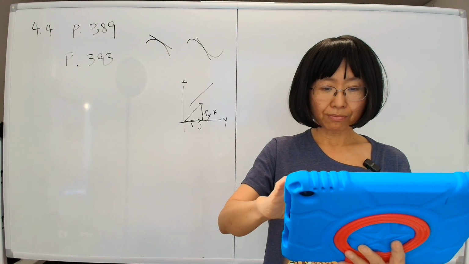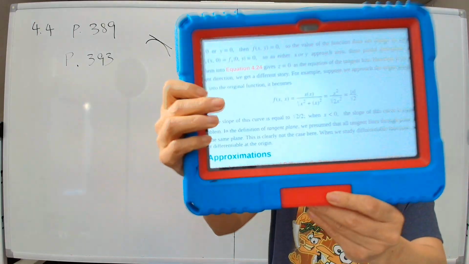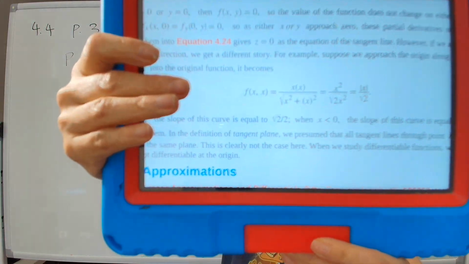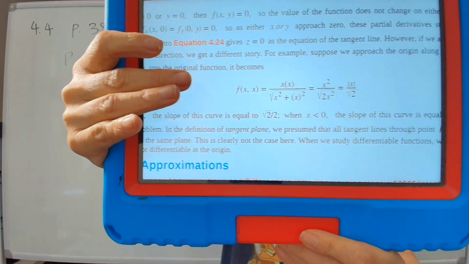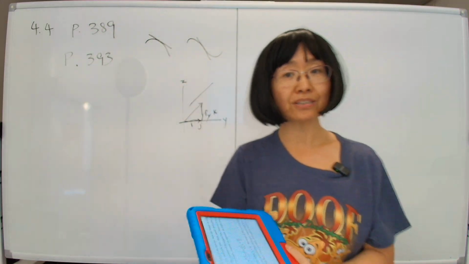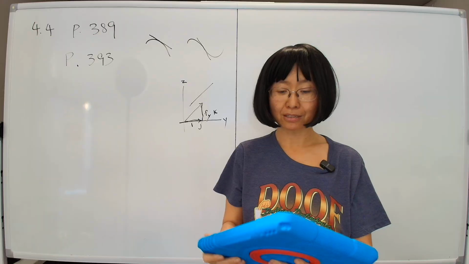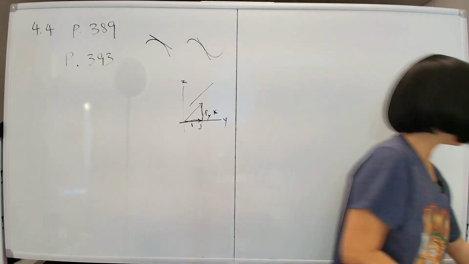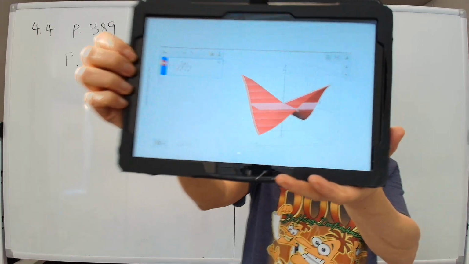The book later says if you let x and y be equal, along the line x equals y, you have f of x, x, and you plug it in, you end up with the absolute value of x. The absolute value function, as you remember, is that V-shaped thing, which is why that's also included in the graph of the function itself. See the V-shaped thing right there?